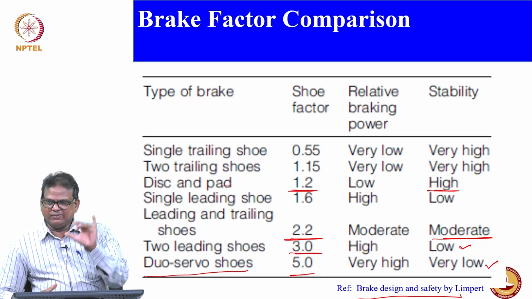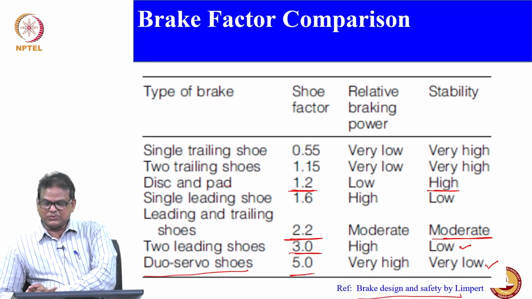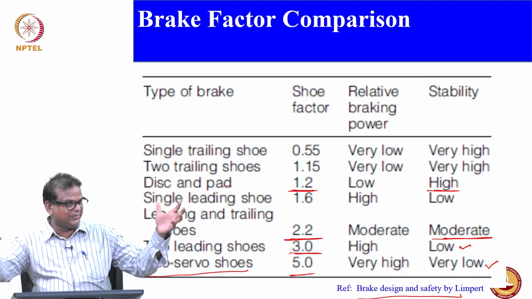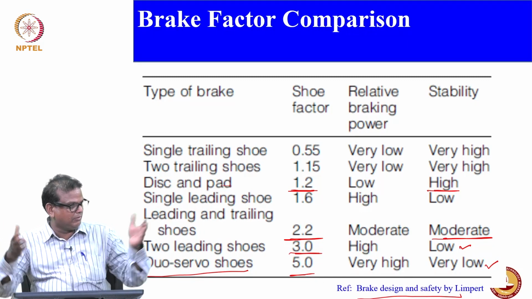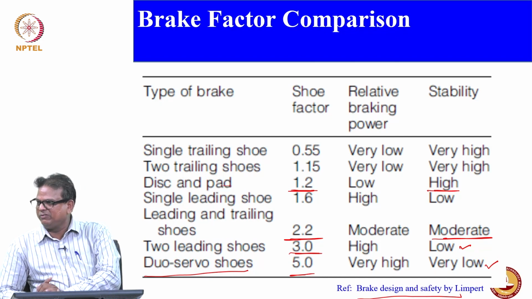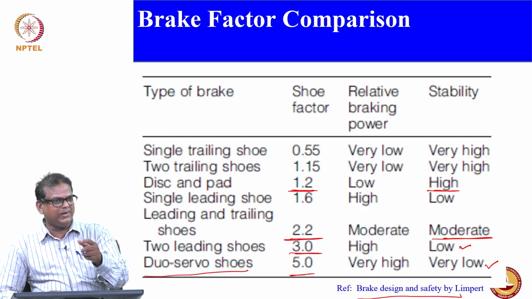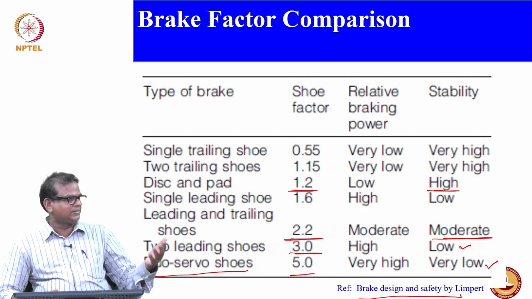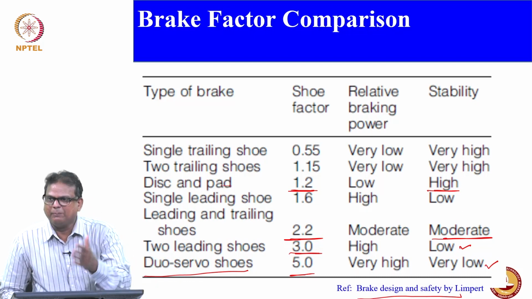First of all, they have self locking, right? So when they have self locking, even then, if it's front axle lock, do you think that will be better? You can replace the drum brake with the disc brake, that is allowable, because even then you have a lower brake factor, but the stability is better.